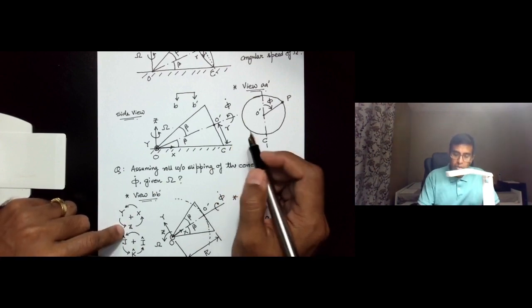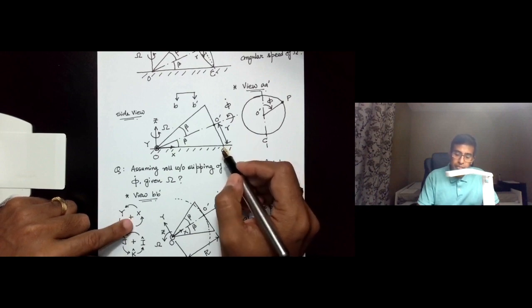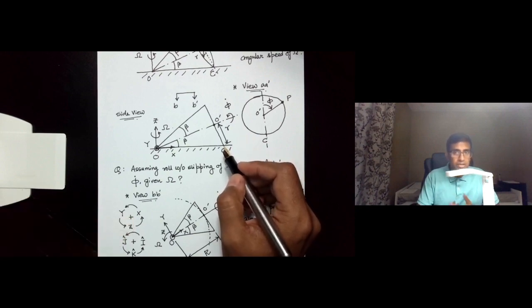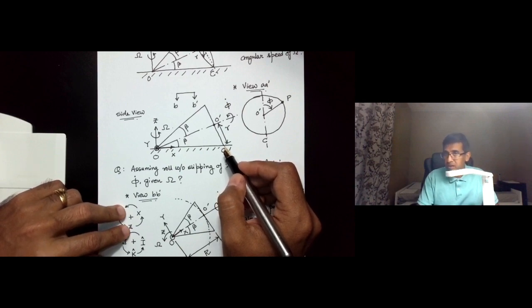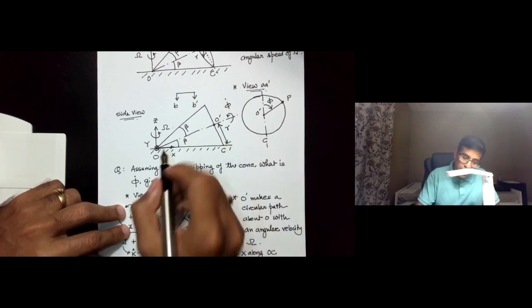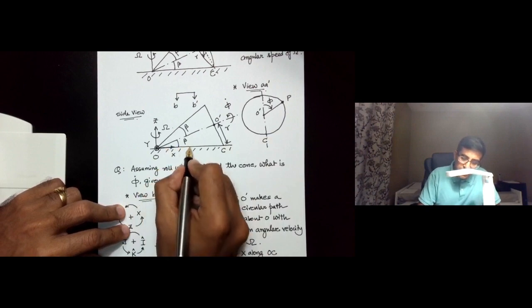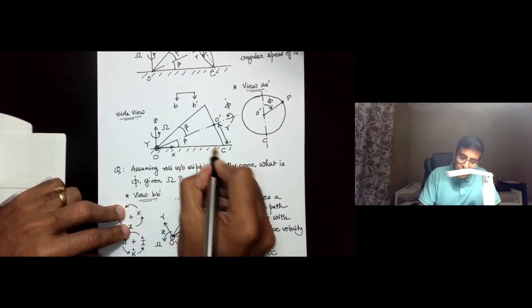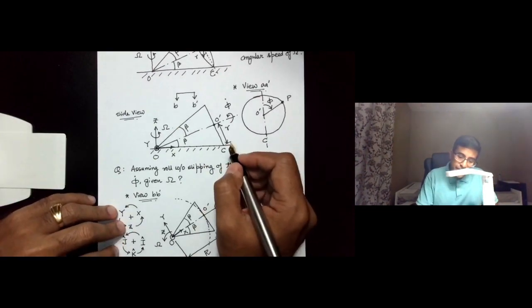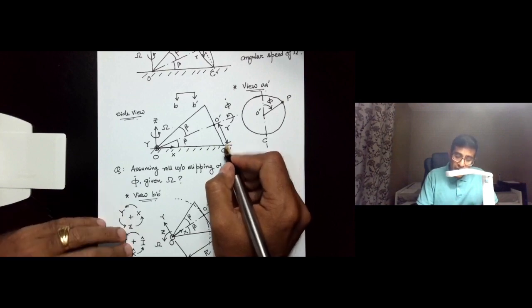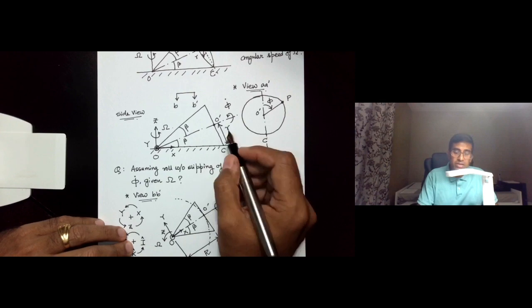Because the cone is rolling without slipping, the points of contact of the cone with the ground all have 0 velocities instantaneously. So we can use that and come up with an equation that relates the velocity of C with the velocity of O prime.